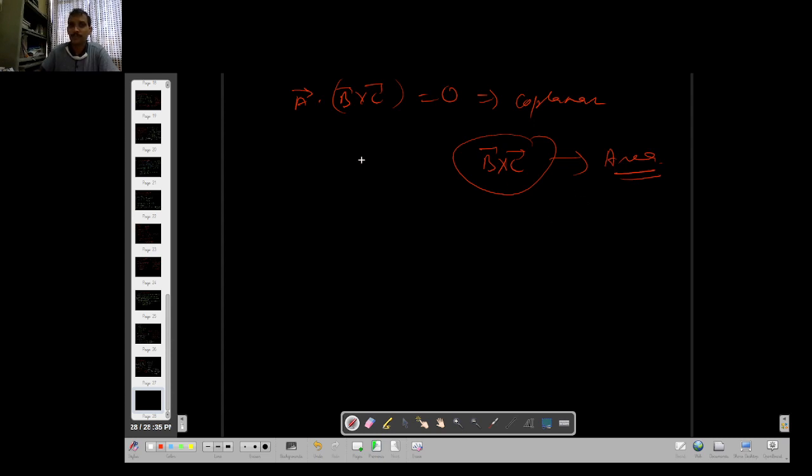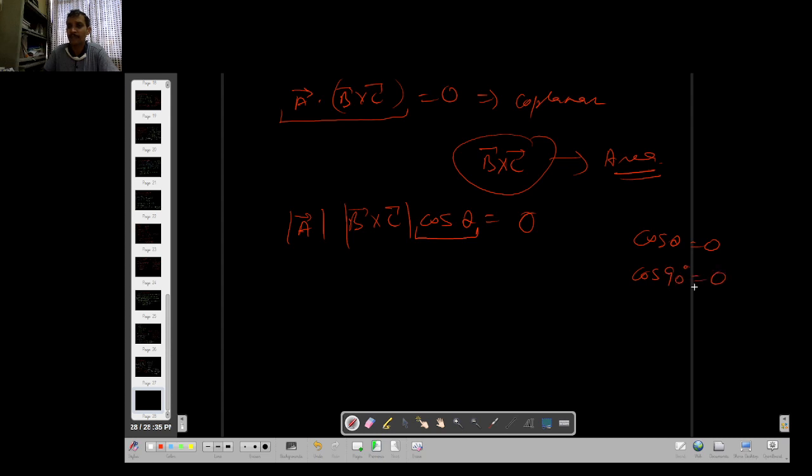But if it is 0, what does it mean? It means mod A, mod B cross C, and cos of theta will be equal to 0. So this is possible if and only if cos of theta will be 0.